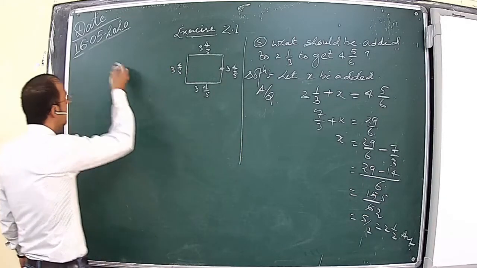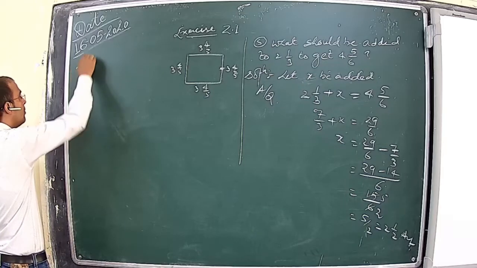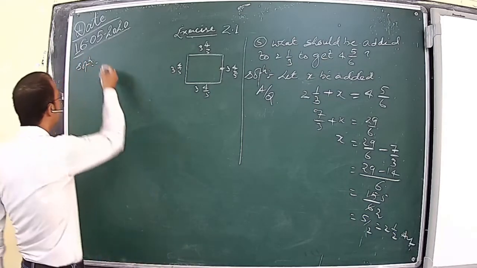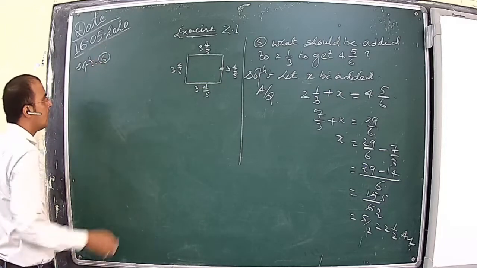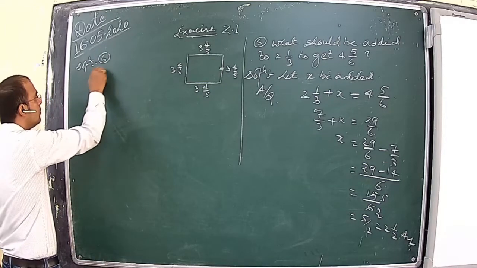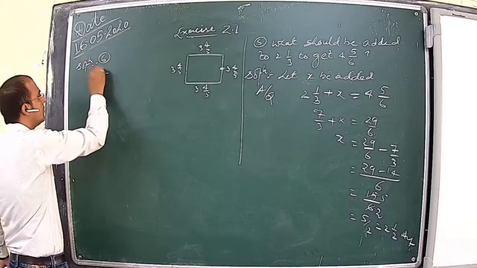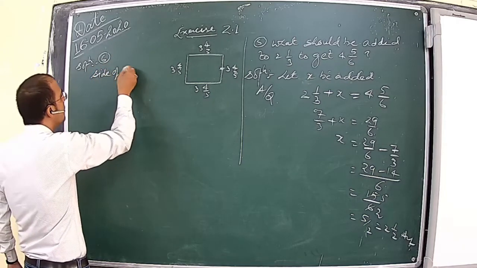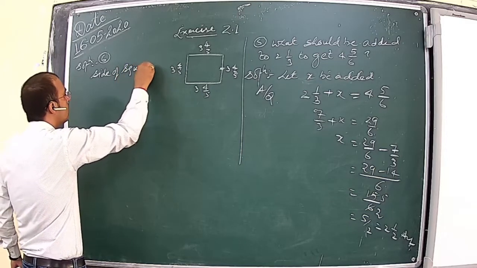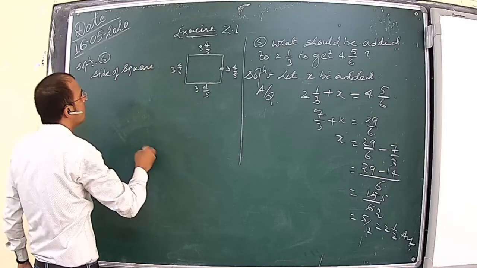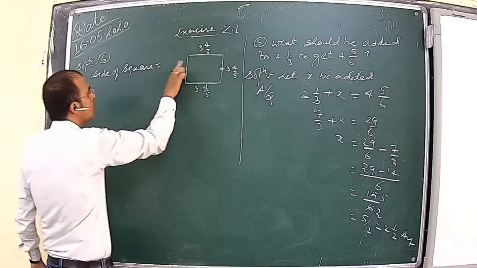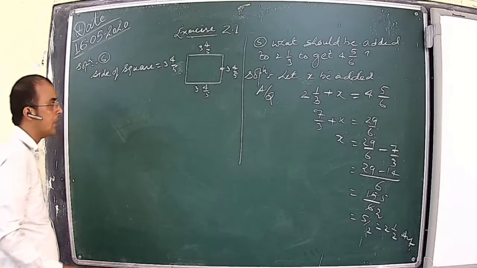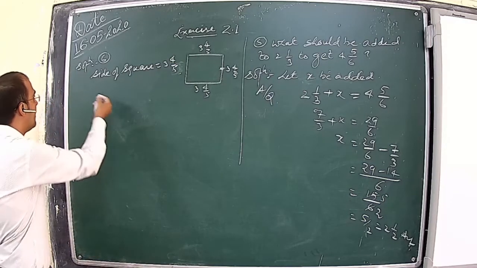One side is given, so I am going to solve question number 6. Given that the side of the square equals 3 whole 4 by 5. Is it clear? Then what will be the perimeter?